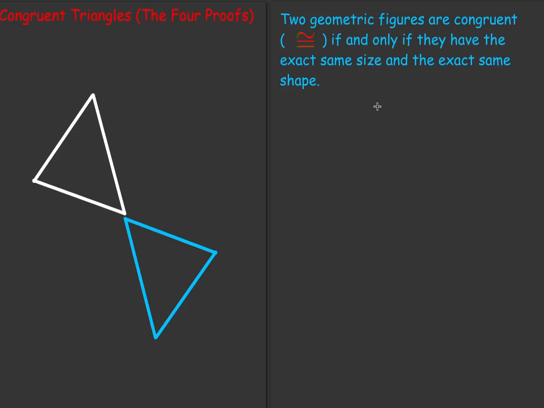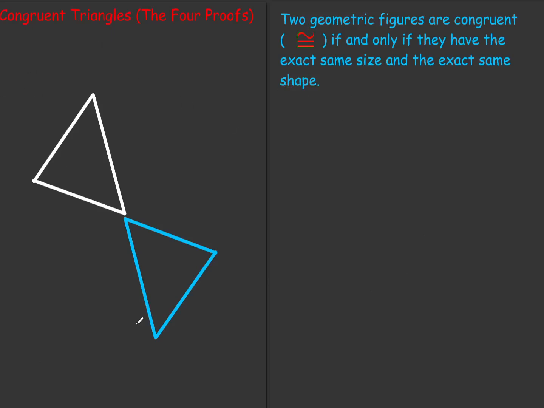Remember, for similarity, we said they can have the exact same shape, but they might have different sizes. For congruence this time around, we need the 2 figures to have the same size and the same shape. If not, they are not congruent.